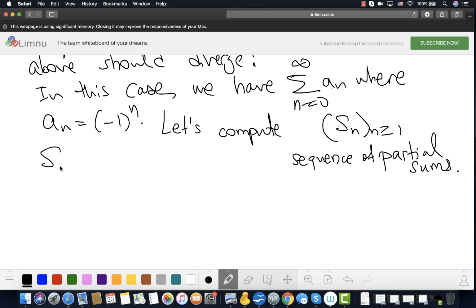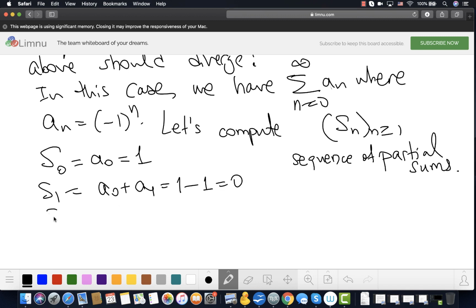S0, we start at 0, is just A0, which is -1 to the power of 0, which is 1. S1 is by definition A0 plus A1, so this is 1 minus 1, which is 0. S2 is A0 plus A1 plus A2, so it's 1 minus 1 plus 1.